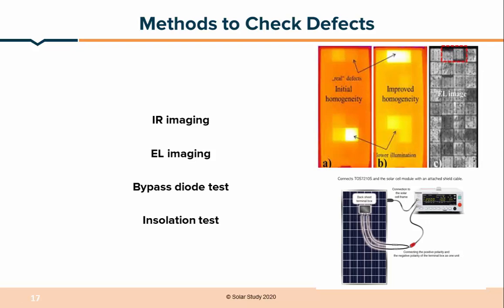That's why we check the insulation of the module. What is the insulation at the cell and what is the insulation at the module? The difference between the cell and module should be around mega ohms. If the resistance is too high, there is less chance of current passing through it.